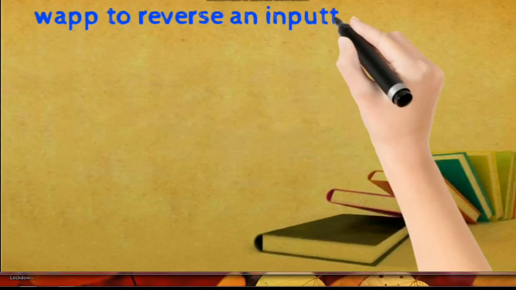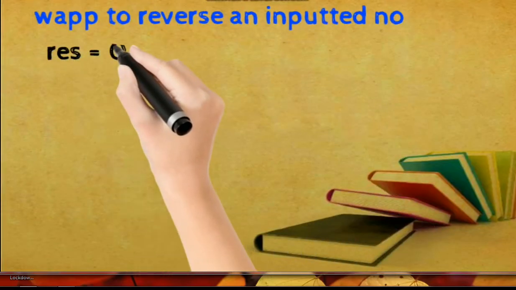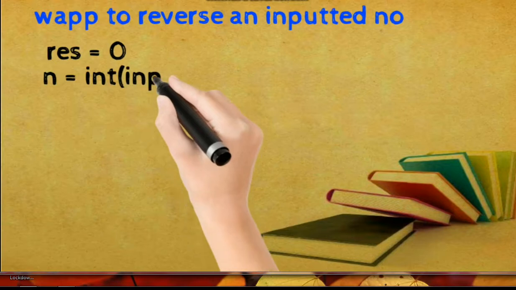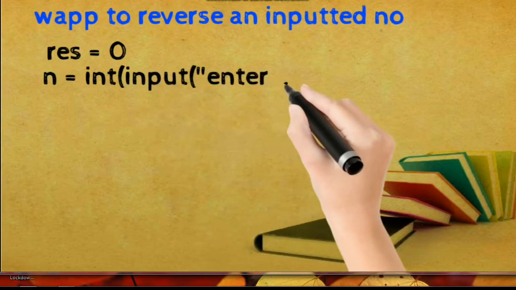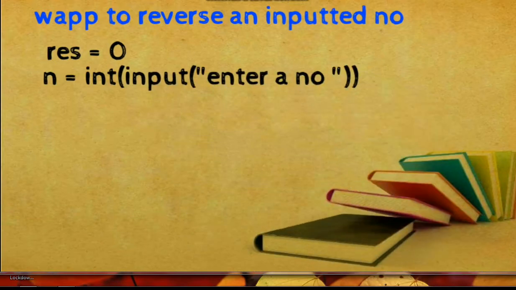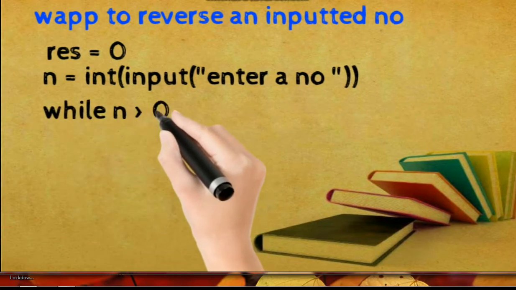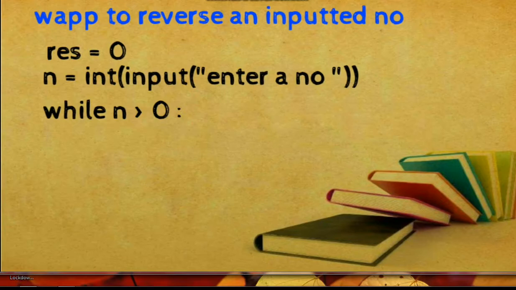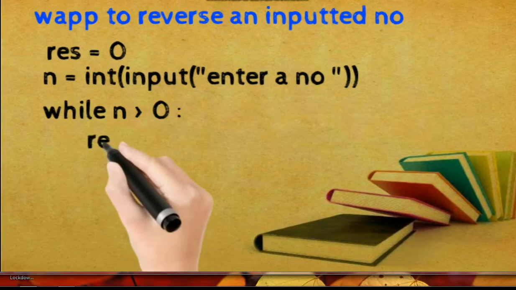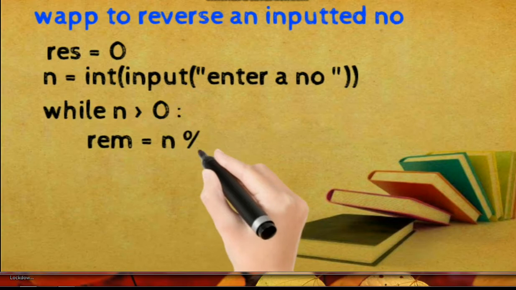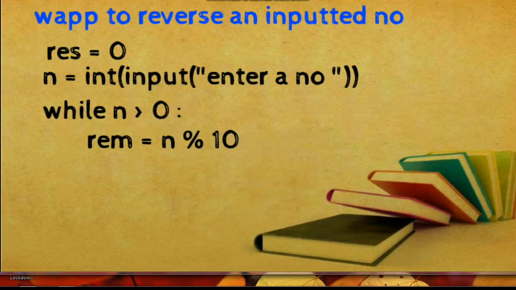Next question, to reverse an inputted number. So here also we have to take the input function to input the number in n. The result is declared as 0. Thereafter the while loop, n will continue as long as it is greater than 0. Thereafter we have to find out first the remainder. So I have taken the variable rem, rem equal to n modulus 10.